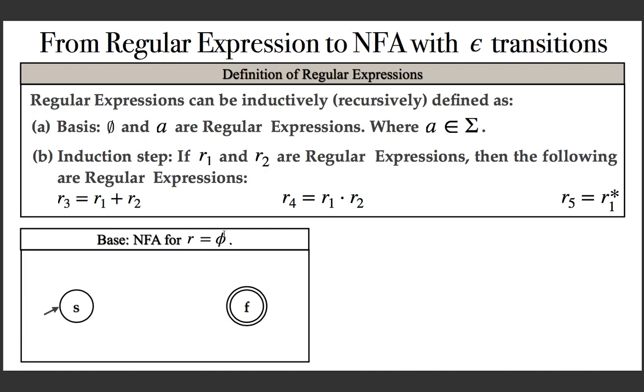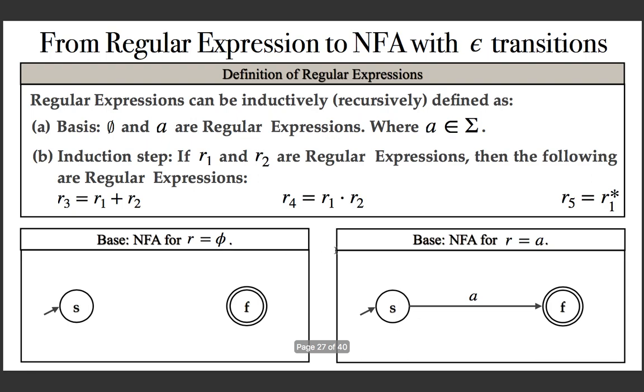The second type of base case is this. The regular expression is an alphabet symbol, and this is the NFA given. See that this NFA is accepting only one string, which is a, which is the language of the regular expression. So we have NFAs for the base cases.